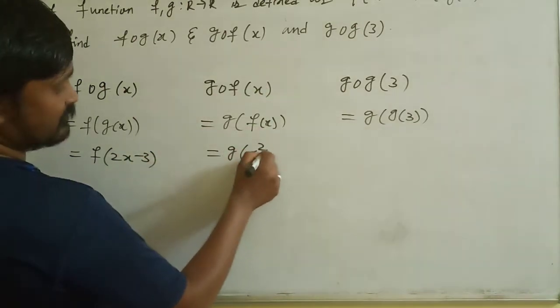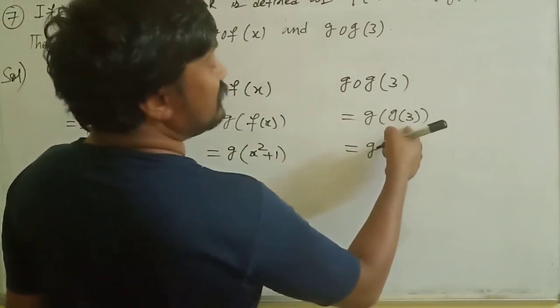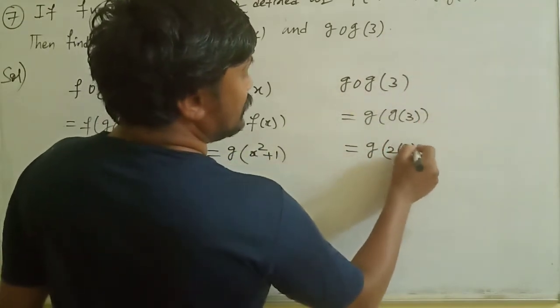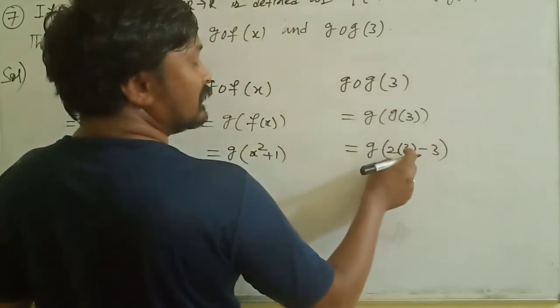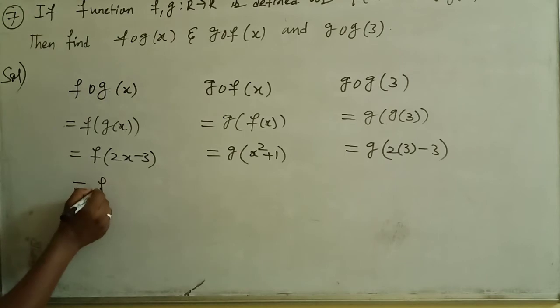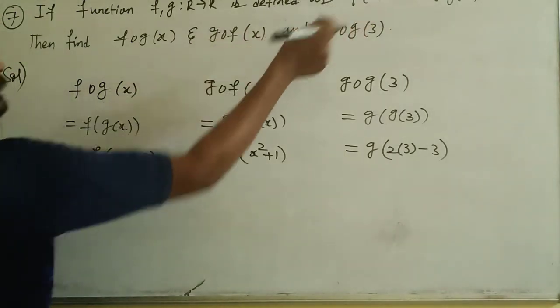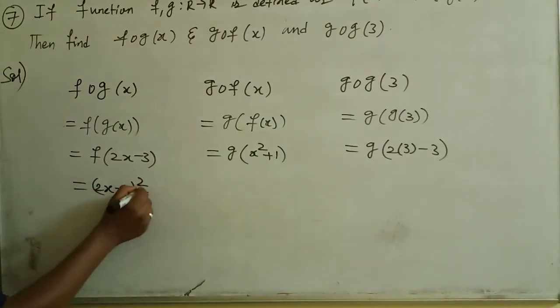Just x square plus 1. And now g of 3 means wherever x is there, 3 is substituted. So 2 times 3 minus 3. So you have 2x minus 3, where x is there, 3 is substituted, minus 3. So now here we can write f of 2x minus 3. What is your f of x? x square plus 1, so 2x minus 3 whole square plus 1.